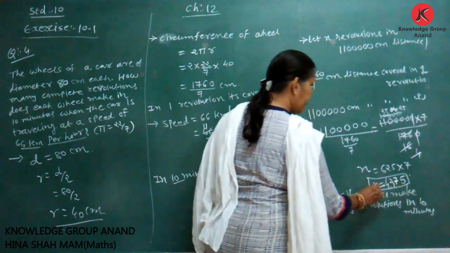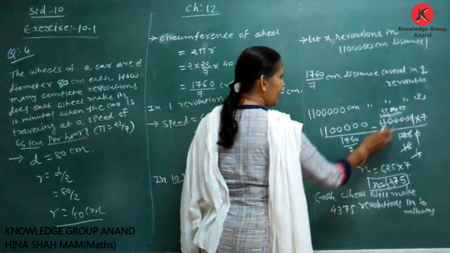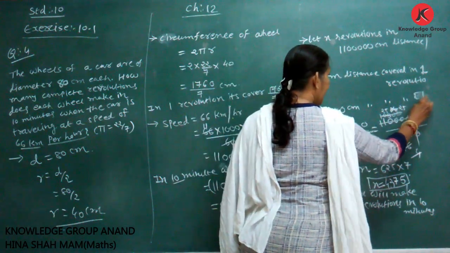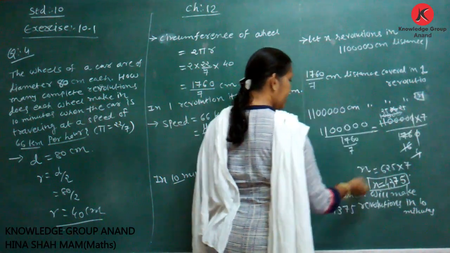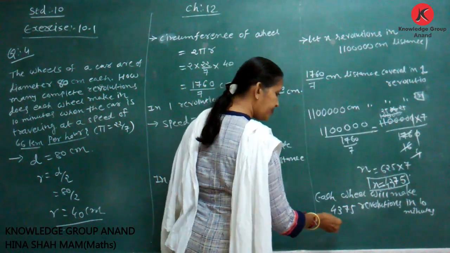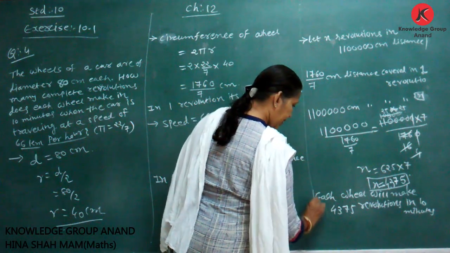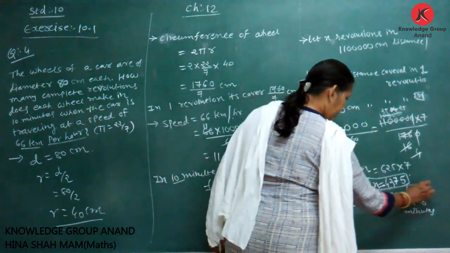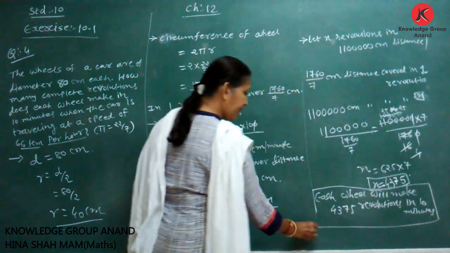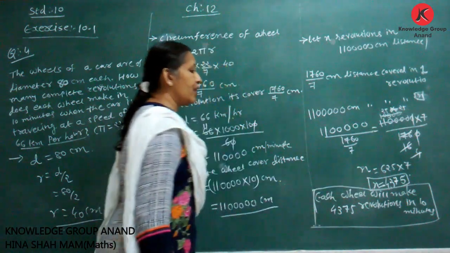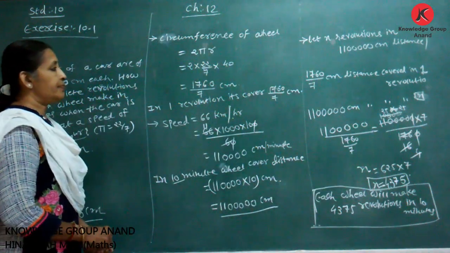Here n is equal to 4375. We write n question mark, then n is equal to 4375. Each will make 4375 revolutions in 10 minutes.